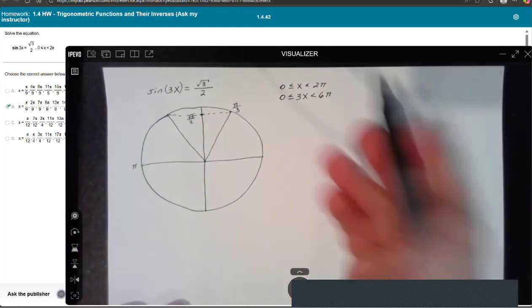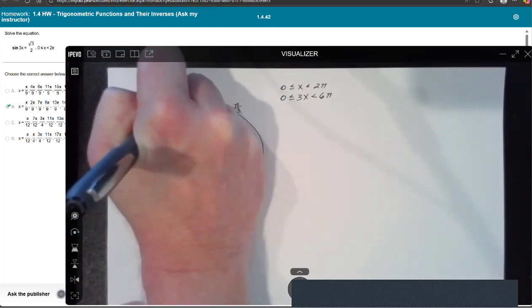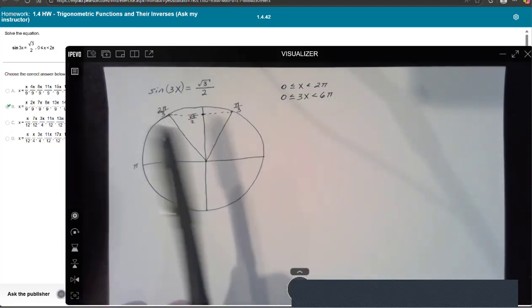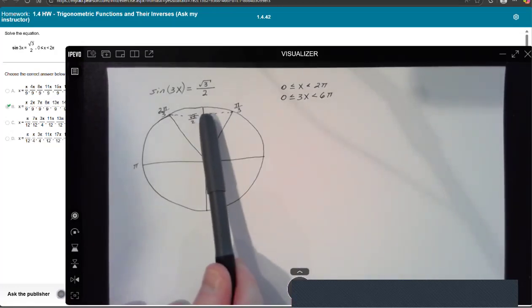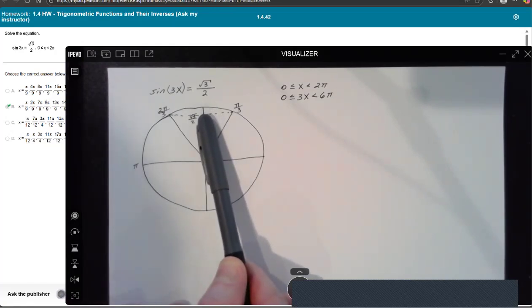Subtract pi over 3 from that, you'd get 2 pi over 3. Those are the only two angles in the first revolution of the unit circle that the sine function could ever be equal to the square root of 3 over 2. Nowhere else can the y component be square root of 3 over 2 or 0.866 as a decimal.